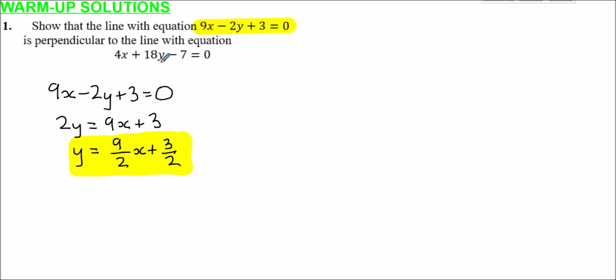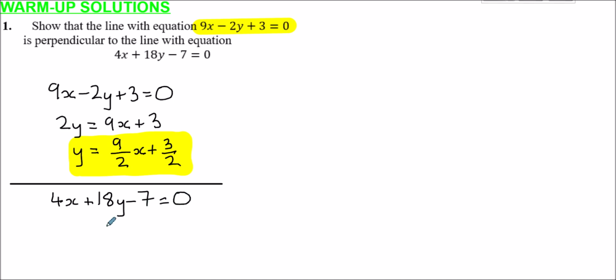We can now do the same with this one here. So I'm just going to rewrite it first of all as it is without changing anything and take it from there. So initially we have 4x plus 18y minus 7 equals 0. So if we leave the 18y on this side, subtract off 4x on both sides, and add 7. That gives us 18y equals minus 4x plus 7.